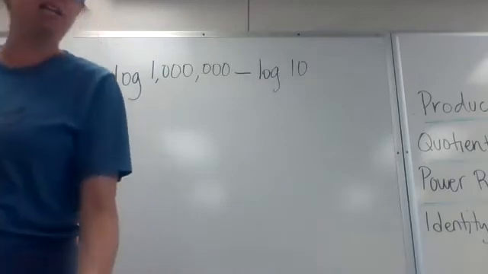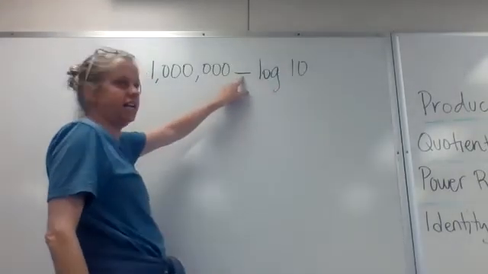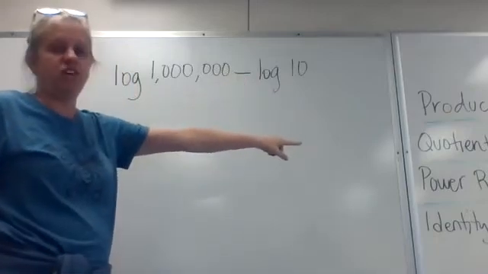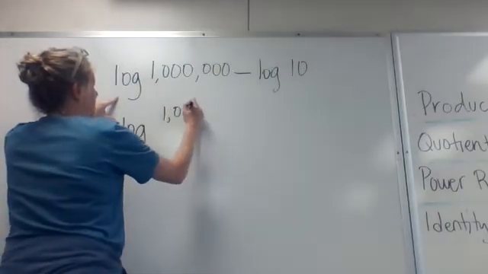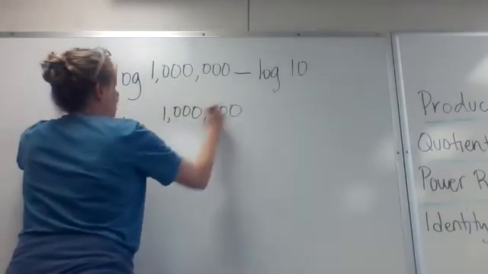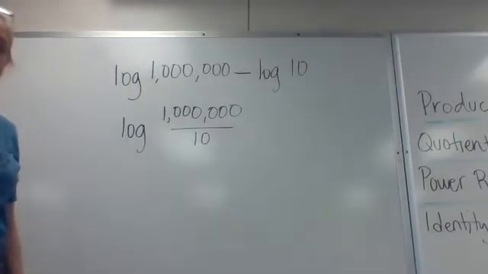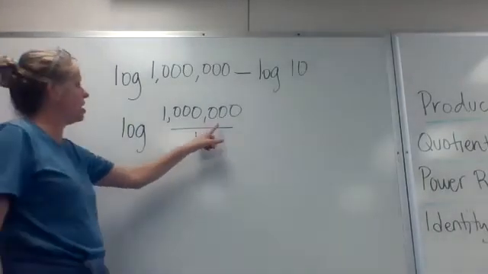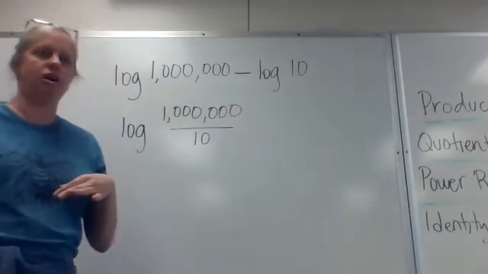Since it's minus, what does minus turn into? Division. So it's going to be log of 1 million over 10. And I can simplify this. If you're dividing 1 million by 10, when you divide by 10, you just take away a 0.